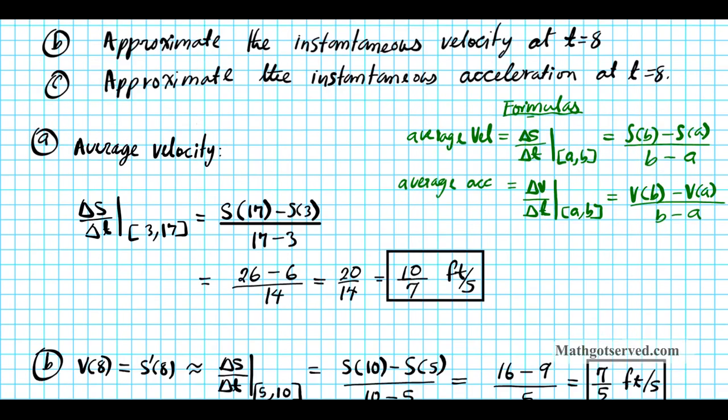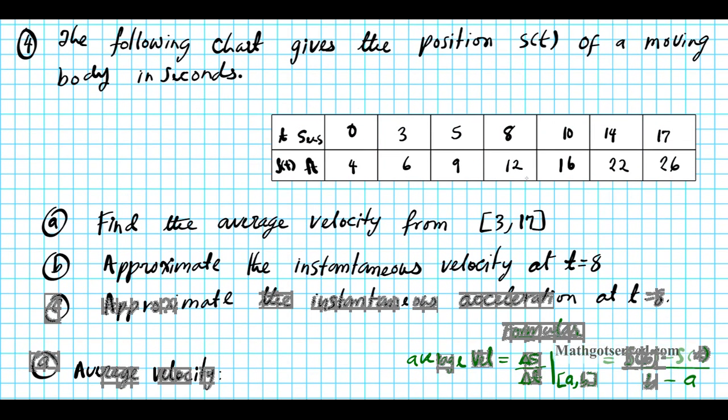Well, to find the instantaneous acceleration, we're not going to be using the time and position function. We need to use these values to create a new chart, our velocity and time chart, and then we can use the slope of the 2 points we created to find our approximate acceleration.